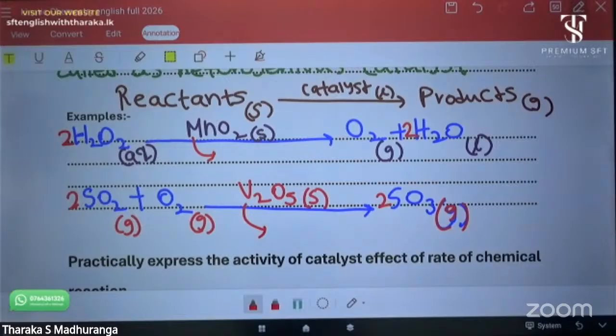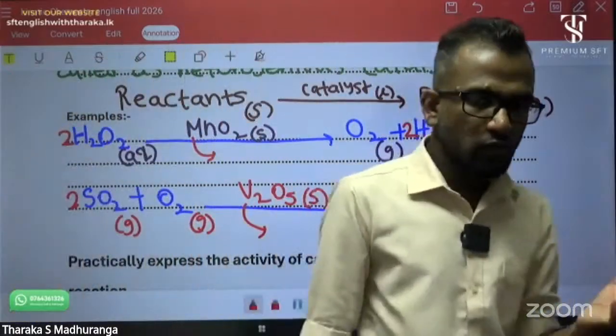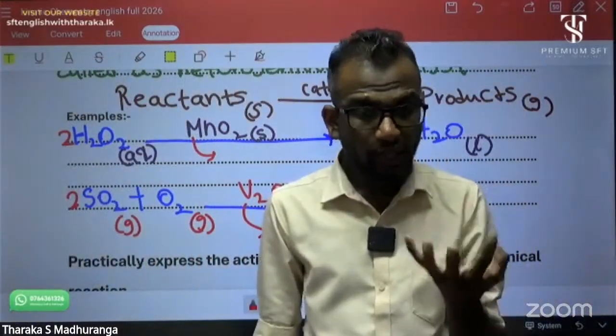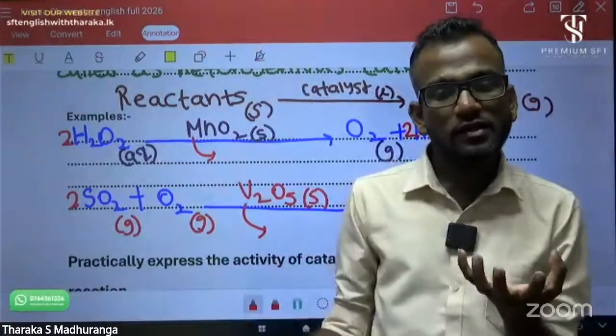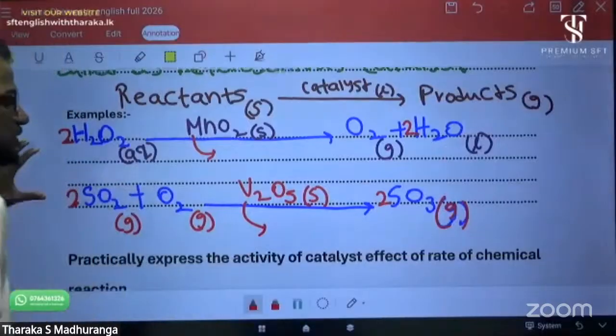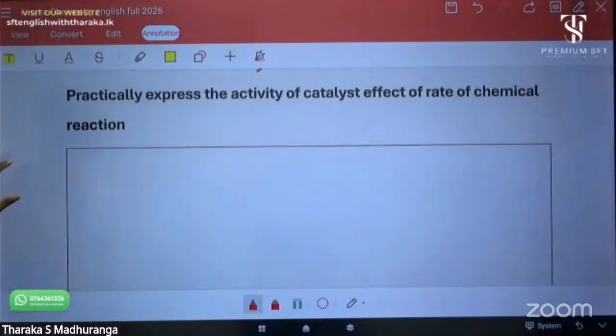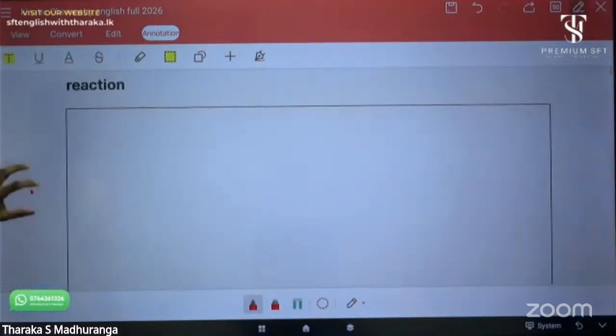A heterogeneous catalyst is not always a solid. It's different from the reactant. If you got a solid reactant and add a liquid catalyst, it's heterogeneous. Any physical state you can use, but different from the reactants.